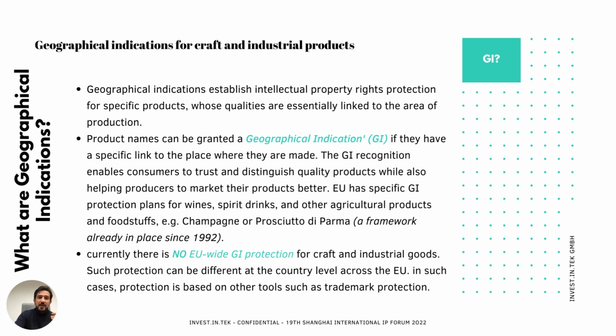We're talking about the concept of brand image, and things like champagne, which connect one region to one brand or one name, have been around as a framework since 1992 as well. But we don't have any EU-wide GI protection for industrial goods.